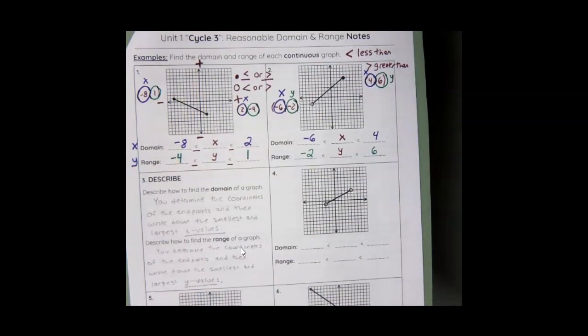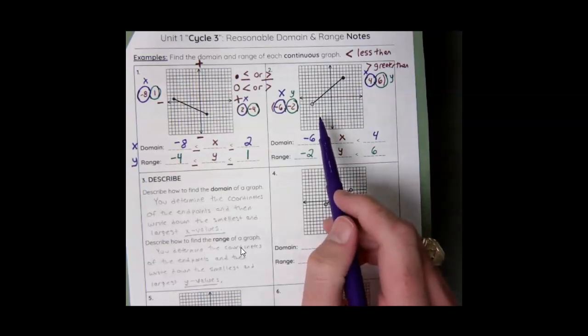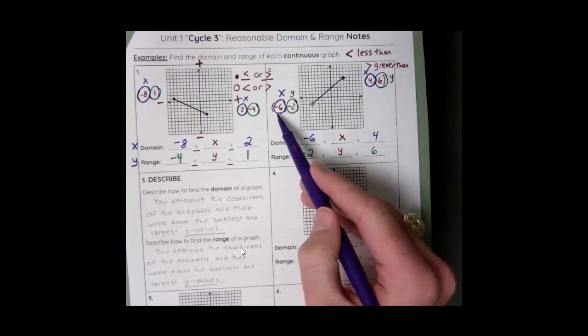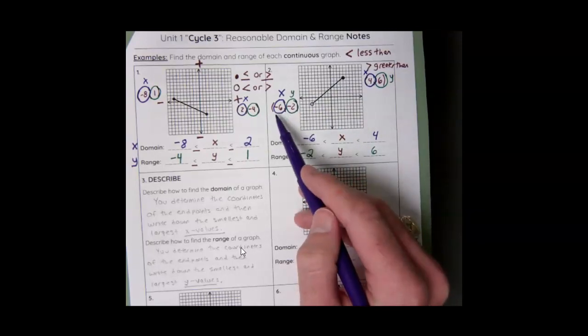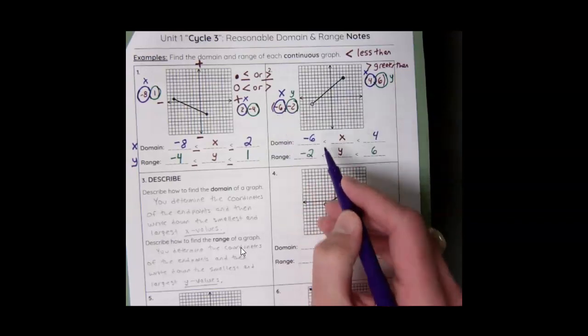It is very similar. Excuse me, on number 2, I forgot to mention, we have an open circle here. That is at negative 6. So that means our domain does not actually equal negative 6, so we do not need an or equal to here.